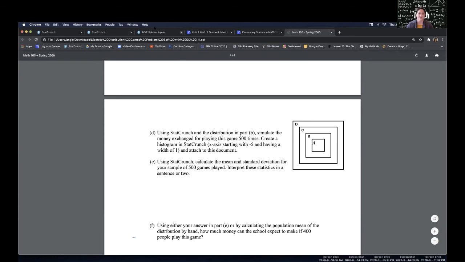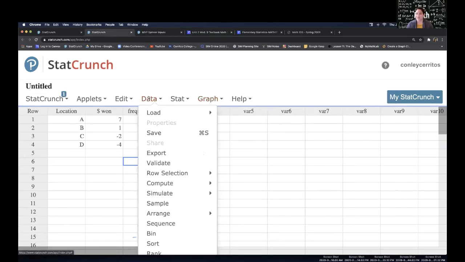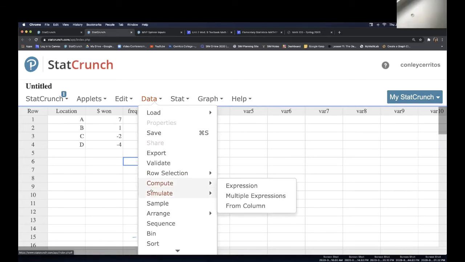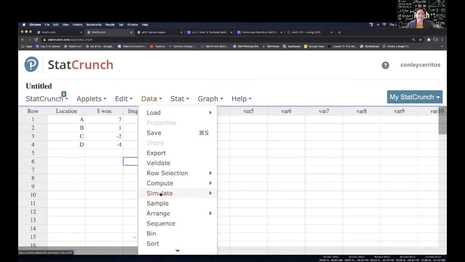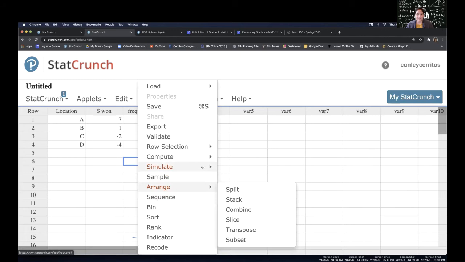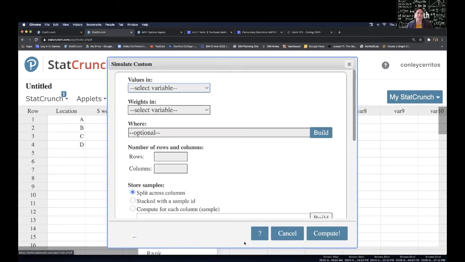So I'm going to go through, and it's going to be very similar to what we did the other day. We go to data. Where am I going to go next? Simulate. Yeah, if you want to simulate, go to simulate. So we go data, simulate, and then we've got custom, because it's none of these other distributions. It's the one we built in the table. So we go custom.